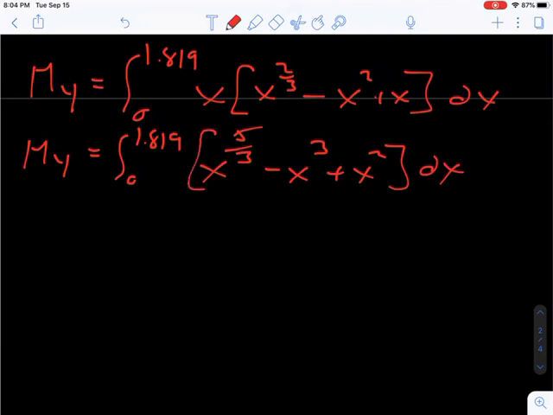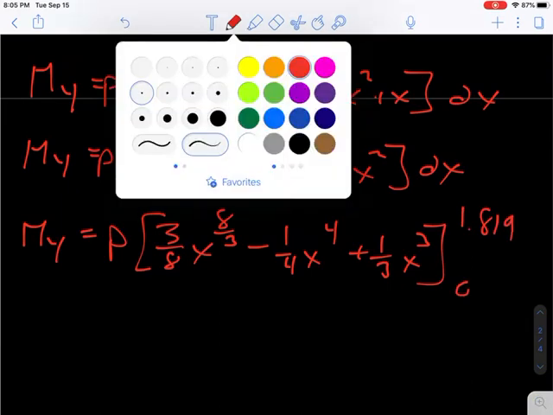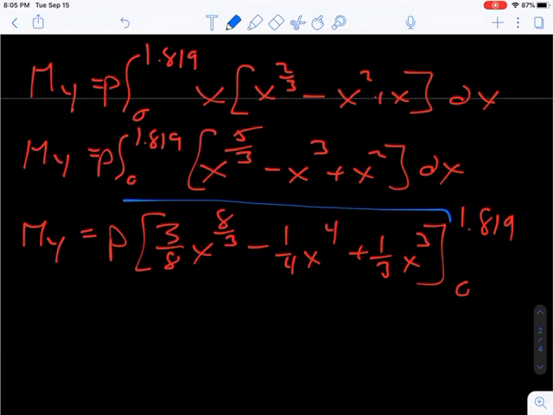Okay, and so now we can evaluate that integral, m sub y. And of course, oh, I forgot there's a rho out here. And so we have rho times x to the 5/3 plus 3/3 is 8/3. So we have 3/8 x to the 8/3 minus 1/4 x to the fourth plus 1/3 x cubed from 1.819 to 0. And I am going to take all of this and plug it into Desmos.